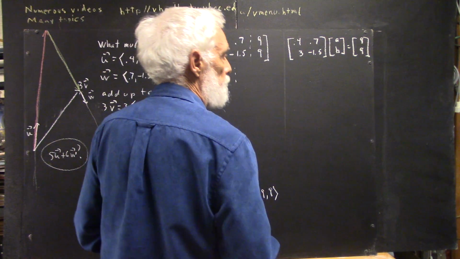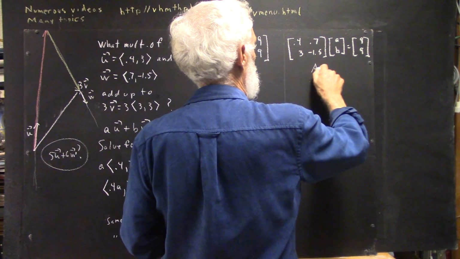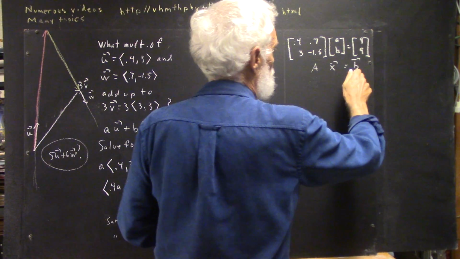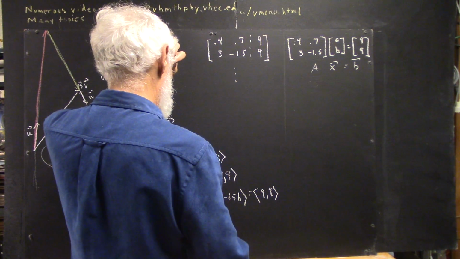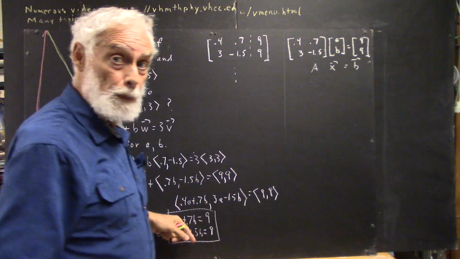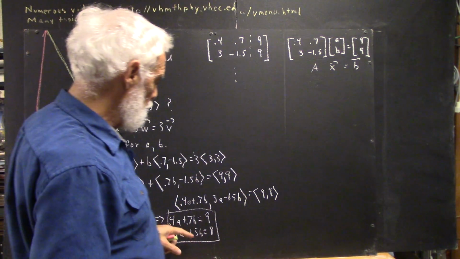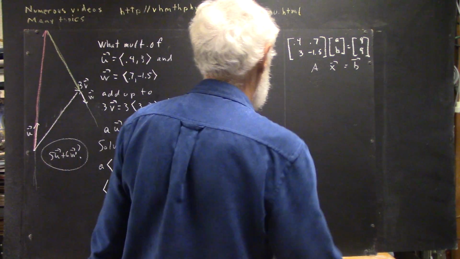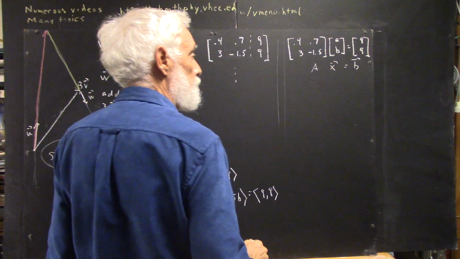And this is, of course, of the form AX equals B, where this B is a B vector, and this B down here is just a number. The B with the arrow over it has nothing to do with this B. But this is the familiar way we've written matrix equations. Okay?